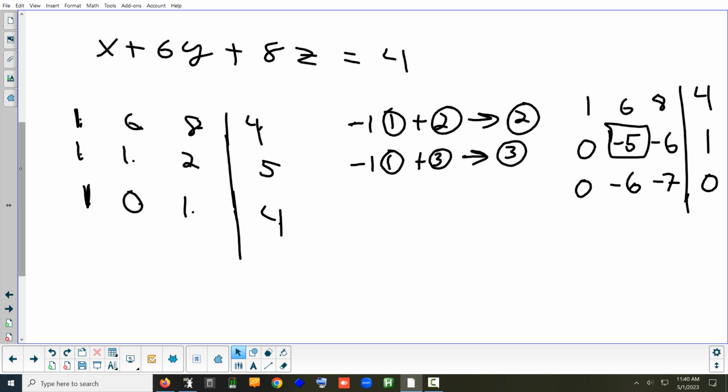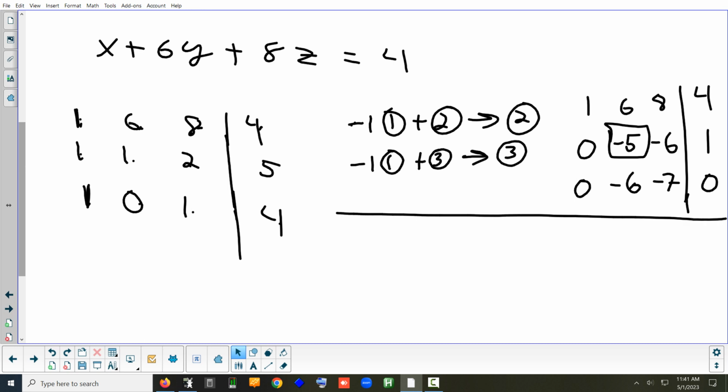Multiply the bottom row by negative 1 and then add to the second. Yeah, if you multiply the bottom row by negative 1 and add it to the second, you won't mess up any of your zeros that are already here, but you'll make that a 1 without multiplying through by negative 1/5. So sometimes we see tricks like that, and we do that instead so we can avoid the fraction.